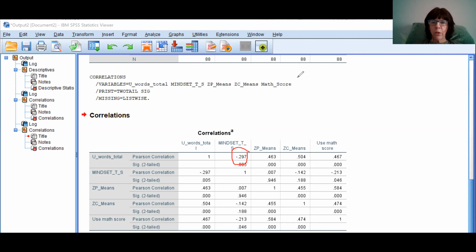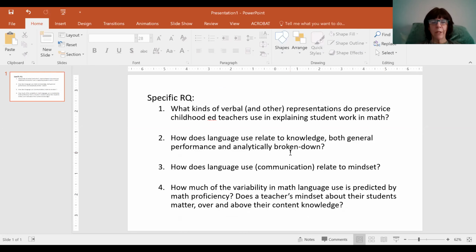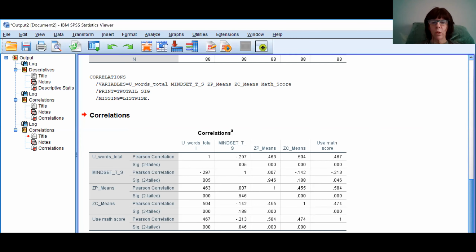Then another one of our research questions that would be answered with a bivariate correlation is number 2. How does language use relate to knowledge, both general and broken down analytically? And again, that's going to pop out in our correlation matrix, where you see language use relationship with procedural knowledge is positive.